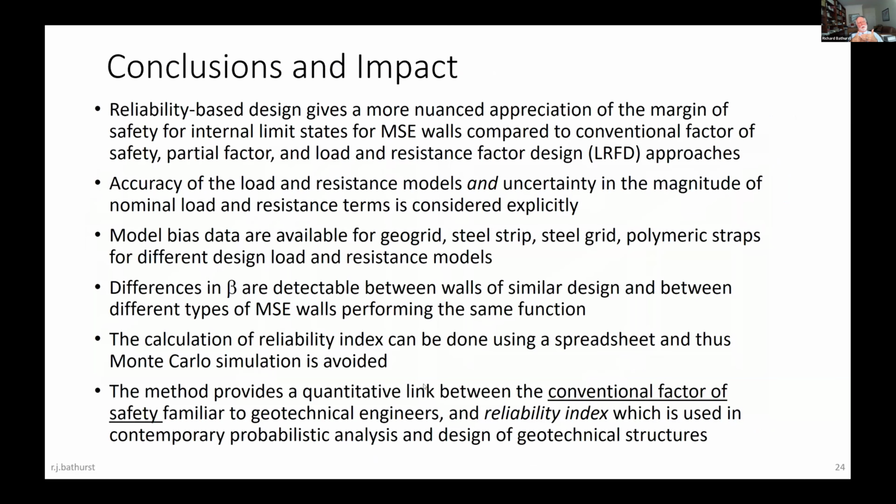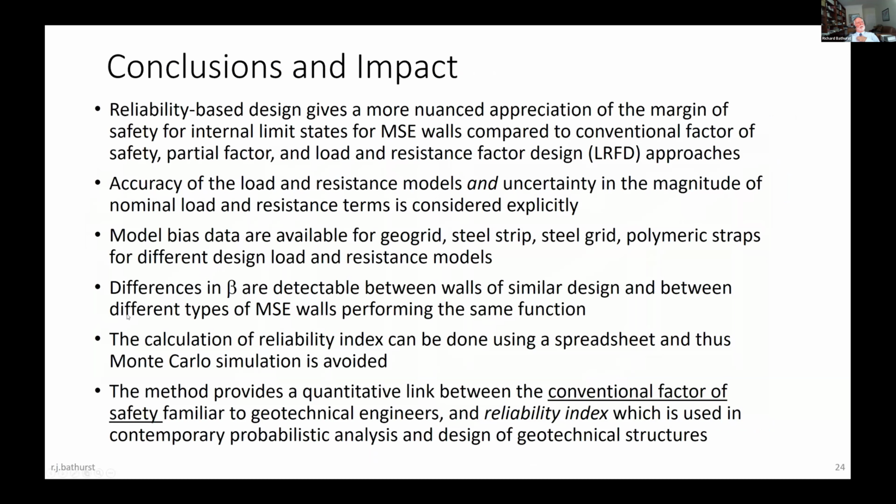So in conclusion, related to the work that we've been doing, what we're trying to promote is that we should move away from LRFD design in North America and use reliability-based design. It's a much more nuanced appreciation, and has much more flexibility than LRFD design.